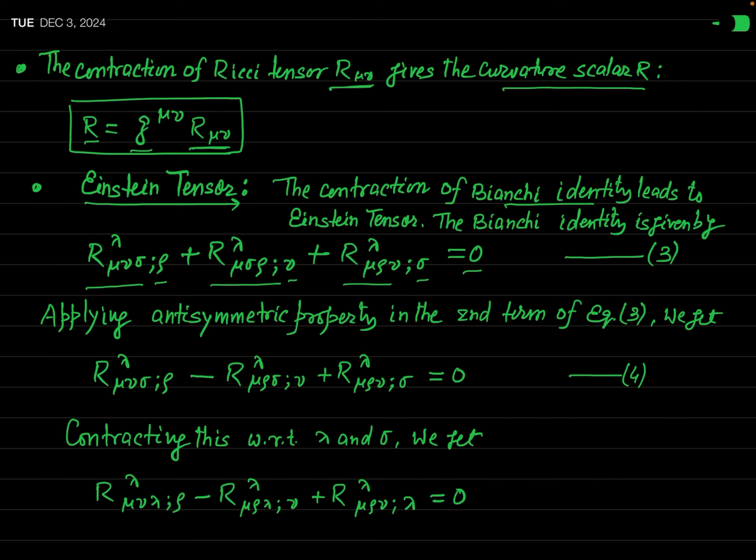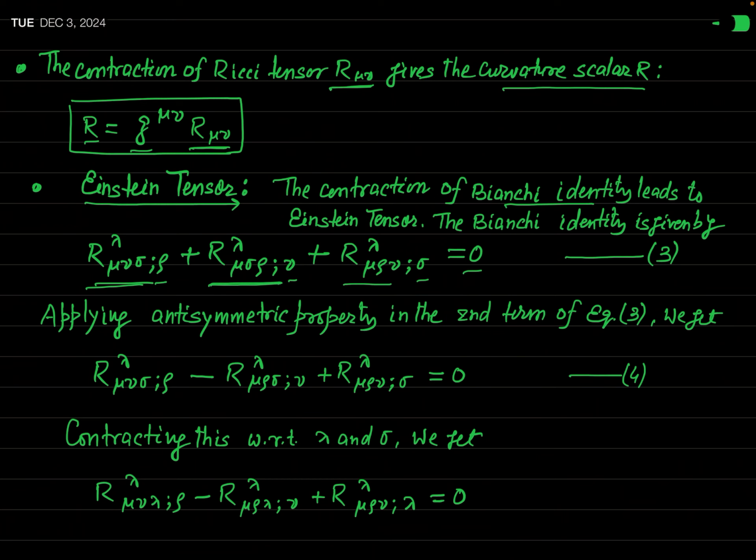Now you have seen that this mixed Riemann tensor is an anti-symmetric tensor with respect to the pair of indices at the place of the covariant index. So if we apply the anti-symmetric property of the Riemann tensor only to this second term, what will be our result?